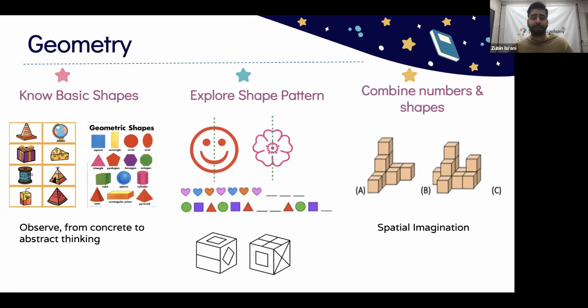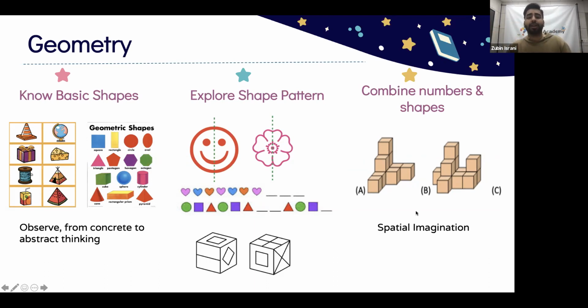Now, those inputs that I was just talking about are used in step 2, right? The analysis part, your observations, the pattern recognition, those are all your outputs. The more inputs you have in understanding basic shapes and their properties, the more effective an analysis you can do when it comes to exploring the different patterns in shapes, symmetry, numbers and shapes in terms of sequences, as you can see in the question in the middle, looking at different objects combined with other objects to see how they make sense together.